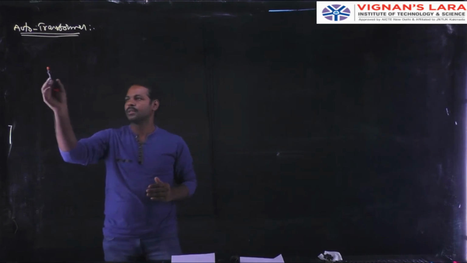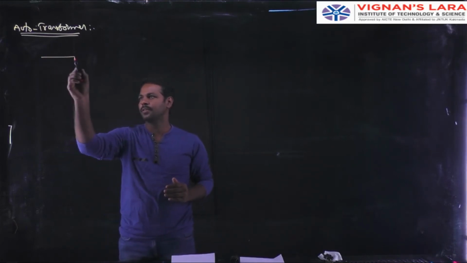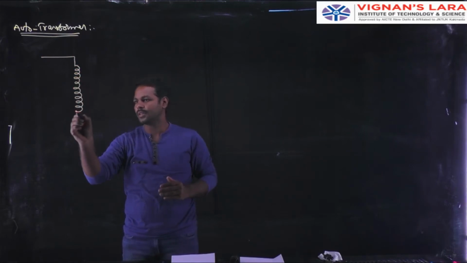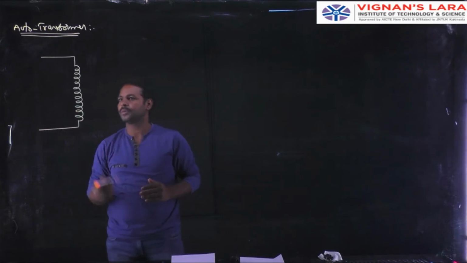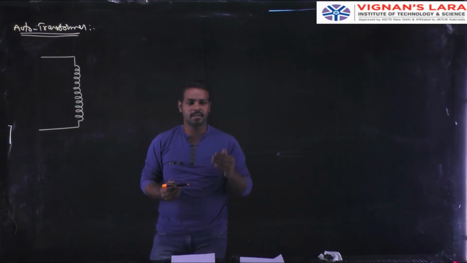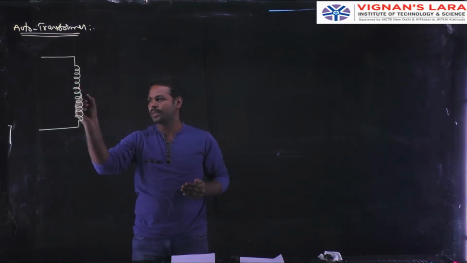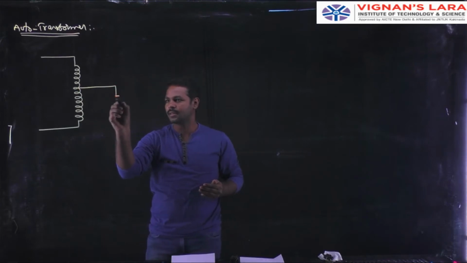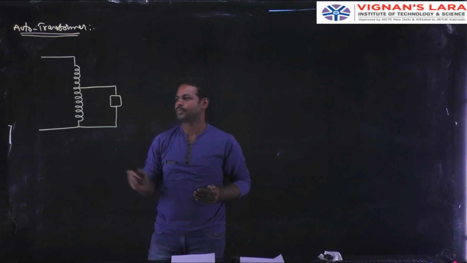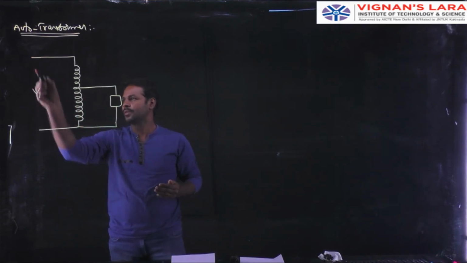The schematic diagram of an auto transformer consists of only a single winding, and this winding itself acts as the secondary winding. That means some part of the winding acts as the secondary winding. This is the load. The input voltage is equal to V1.